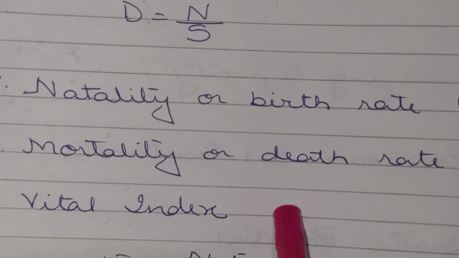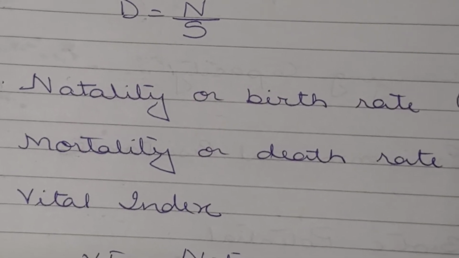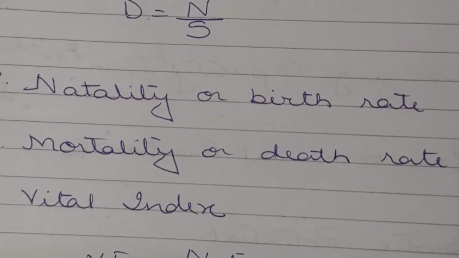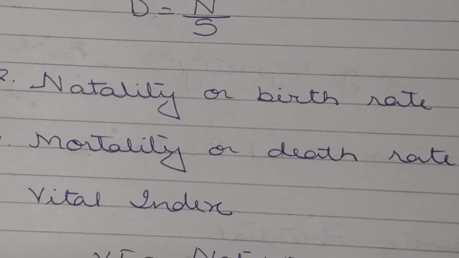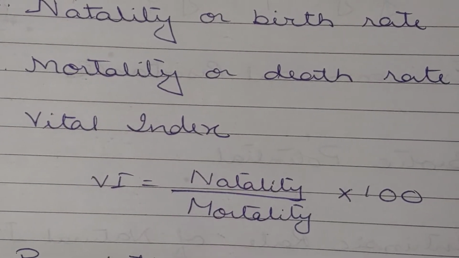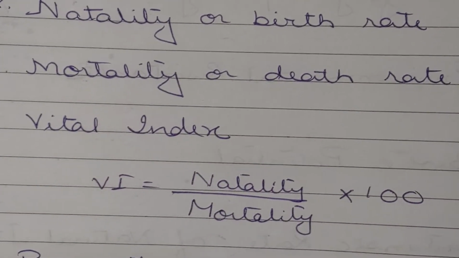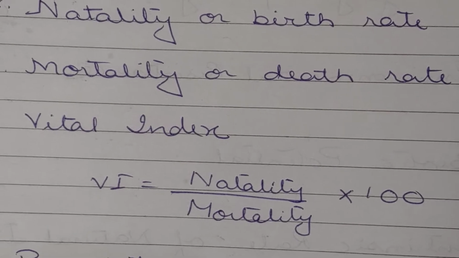Then the vital index is the percentage ratio of natality and mortality in a unit population. So when we are studying a population, the natality and mortality ratio in terms of percentage which we get is known as the vital index.